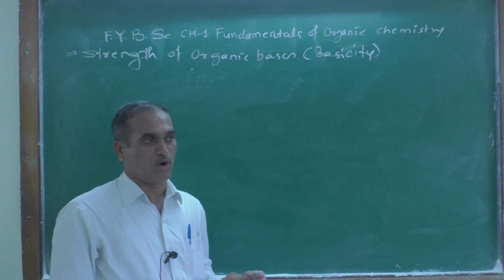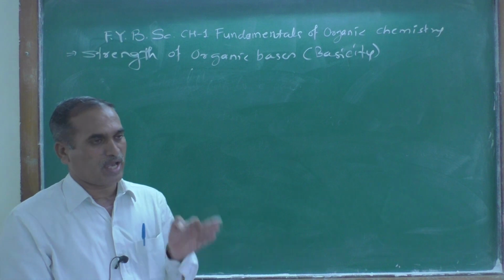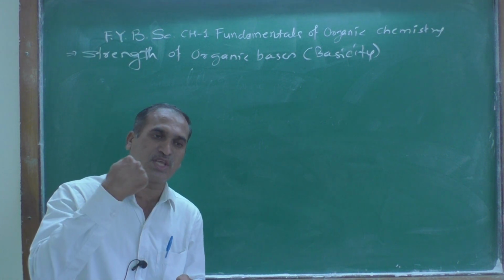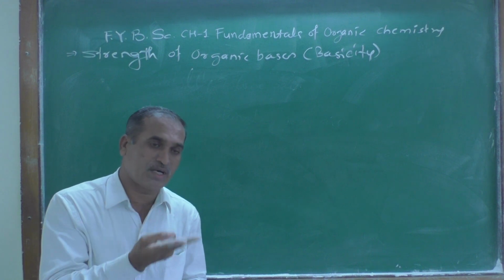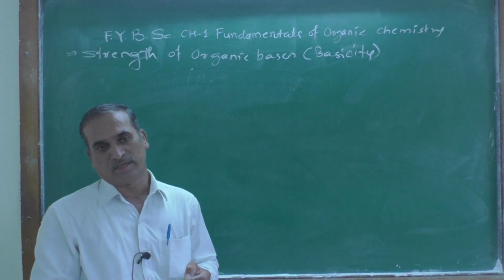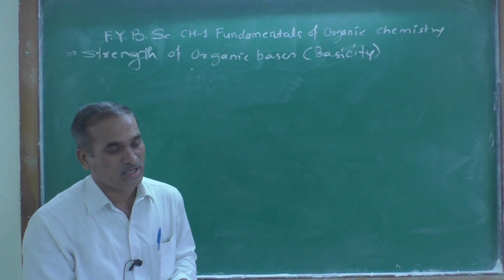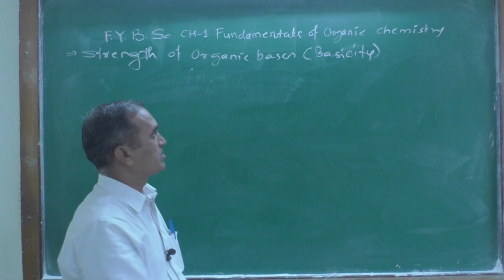In acids we have seen that if the pK value decreases, the acid strength goes on increasing, but here it is the opposite. If the pK value increases, the basicity goes on increasing.